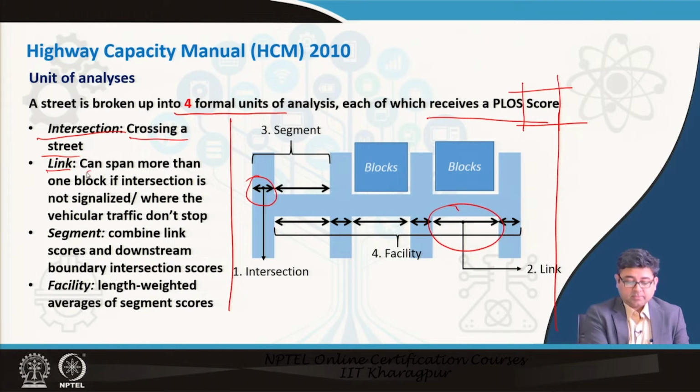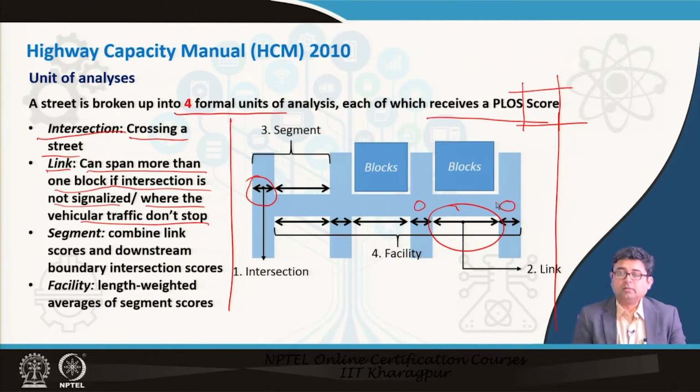A link can span more than one block if the intersection is not signalized or where the vehicular traffic does not stop. So, here the link is the distance between these 2 streets. That indicates that there must be a signal at these 2 junctions, and that is why this is being considered as a link. If there was no signal at this junction, the link would then be the entire distance between these 2.